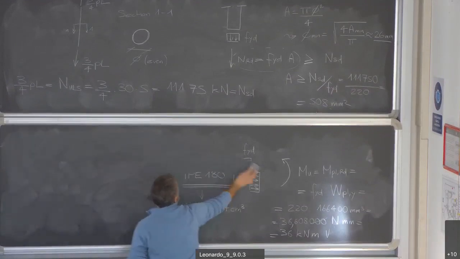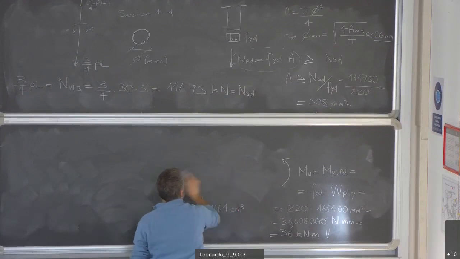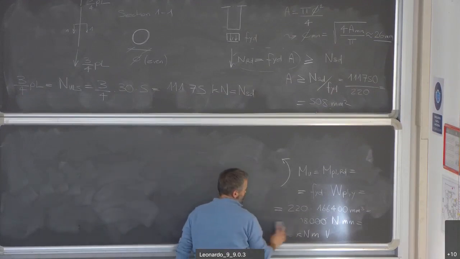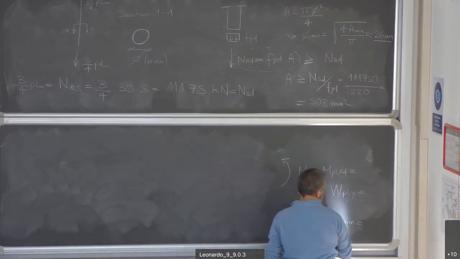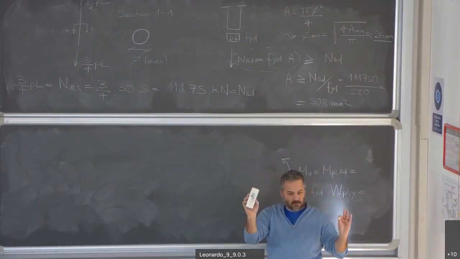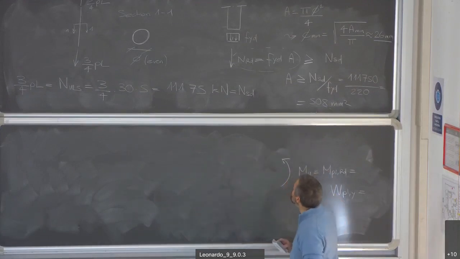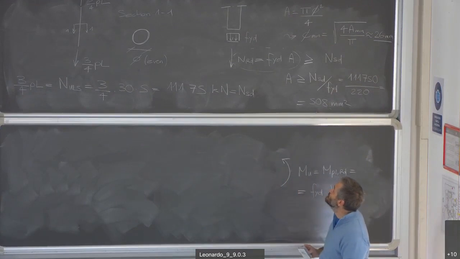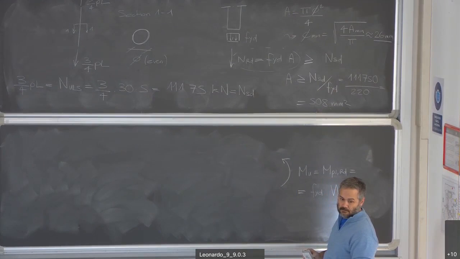Professor, just quick check. So NSD is the axial force that's actually happening inside, and NRD is the maximum possible. Yeah, and NRD is the axial force we are designing the tie to withstand.